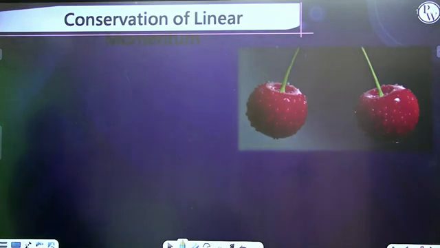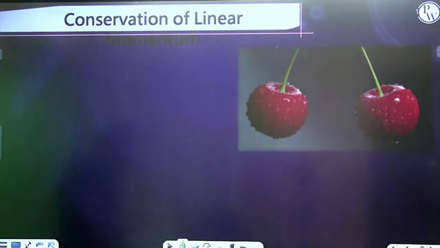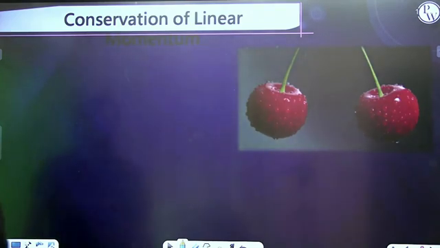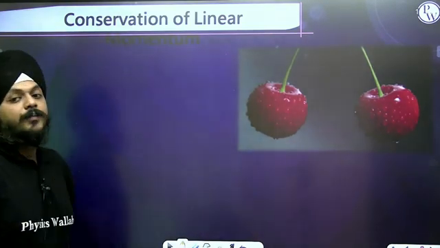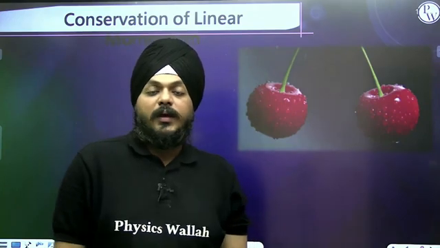It is based on a very simple statement I wrote to you all when we were discussing Newton's second law of motion.